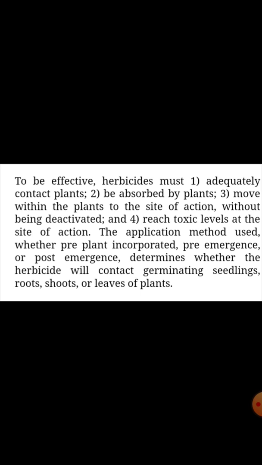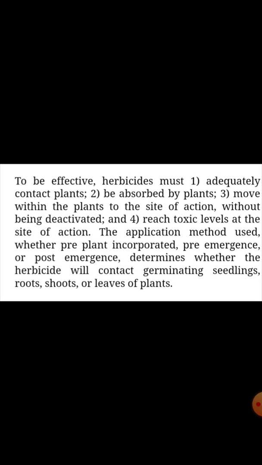Third, moving within the plant to the site of action, that is, there is proper translocation of herbicide in the systemic herbicides, without being deactivated, so it can move to the proper site easily, reach a toxic level at the site of action, or produce toxins that ultimately damage or prevent the growth of the seedling, or you can say the leaf of the plant, that is pre-emergence or post-emergence.